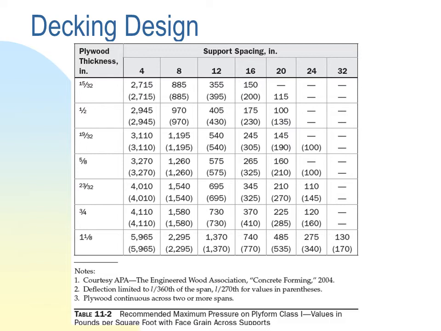So he's talking about a certain type of ply form, and the values are per square foot with face grains across supports. Again, he's talking about something very specific. Somebody used numbers specific for a certain type of ply form with certain supporting conditions. He solved the equations for you and he gave you the numbers.